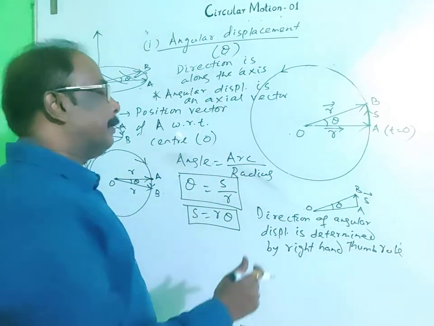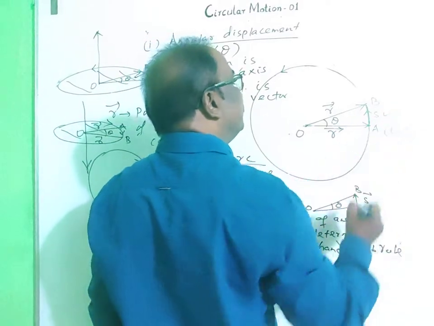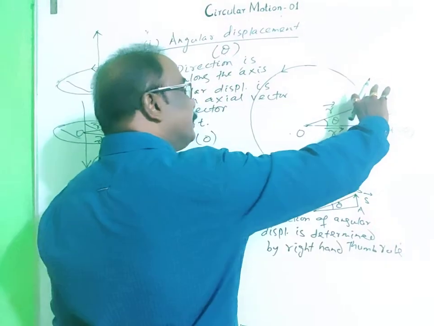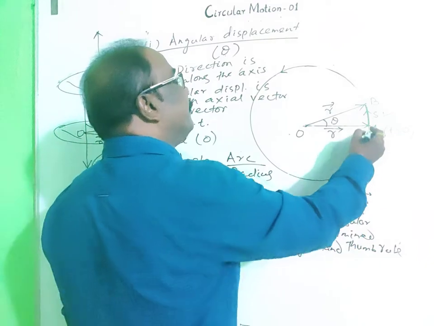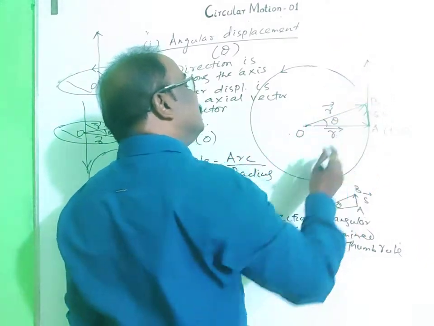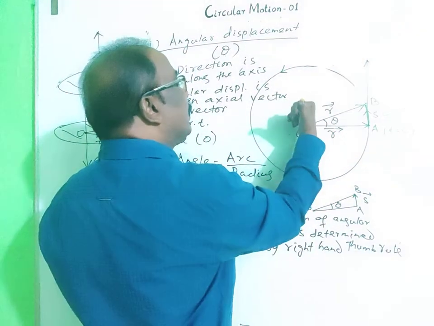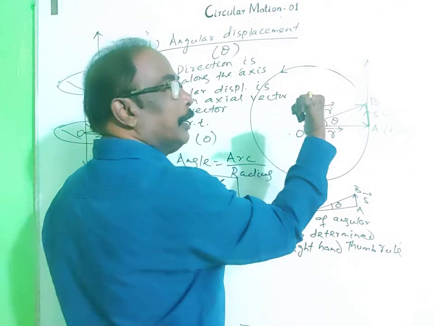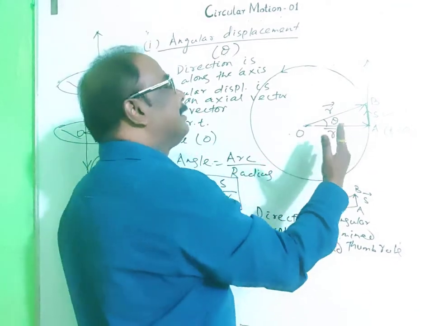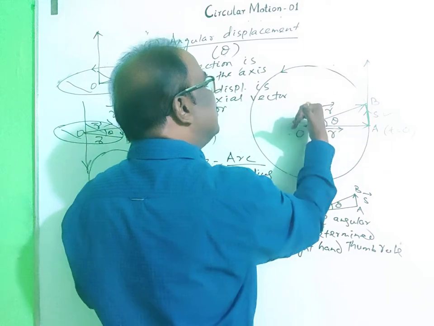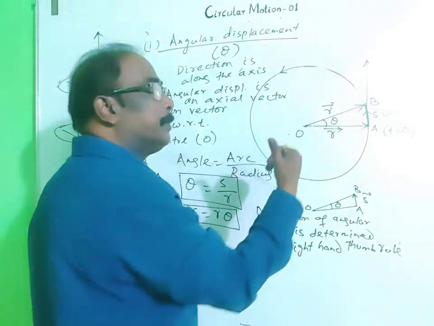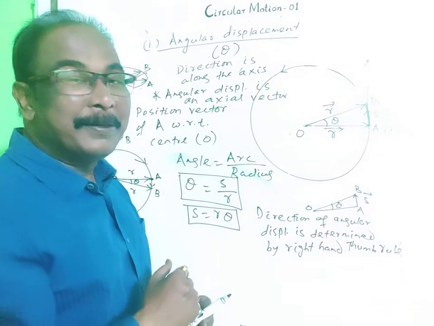Is it clear? See, this is the direction of linear displacement. If you consider AB as a straight line, this is the direction of displacement. But the direction of angular displacement is along the axis, and they are perpendicular to each other.